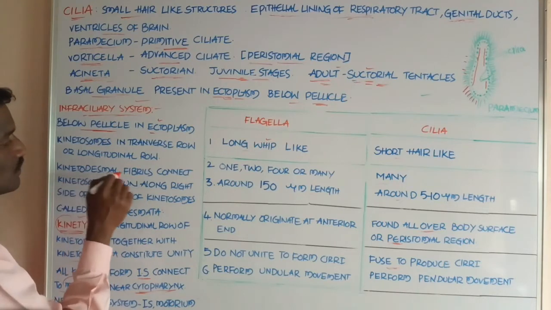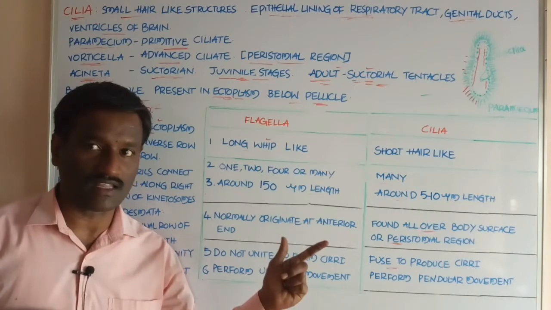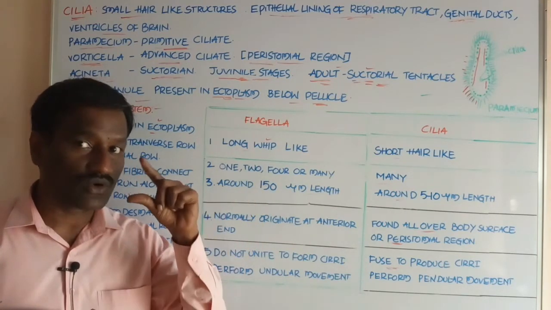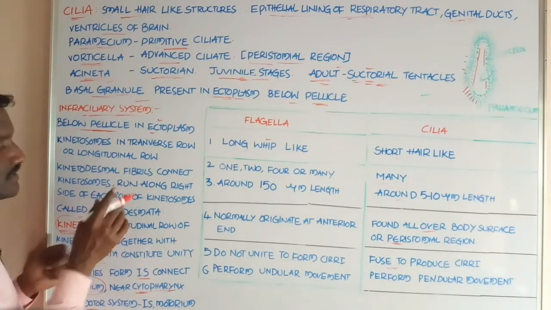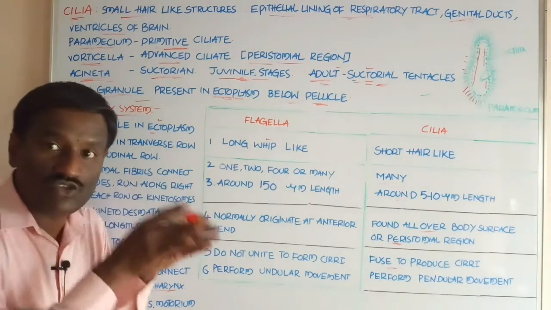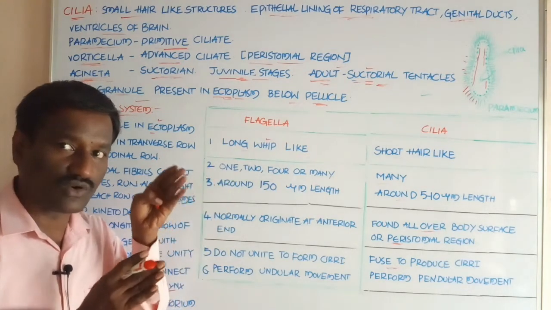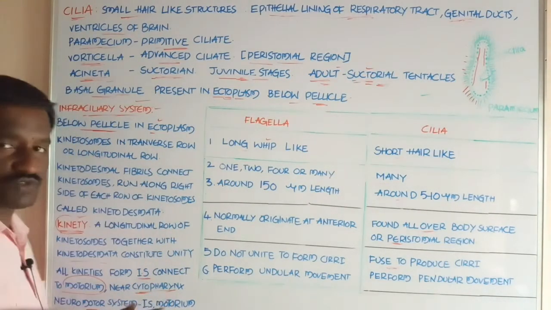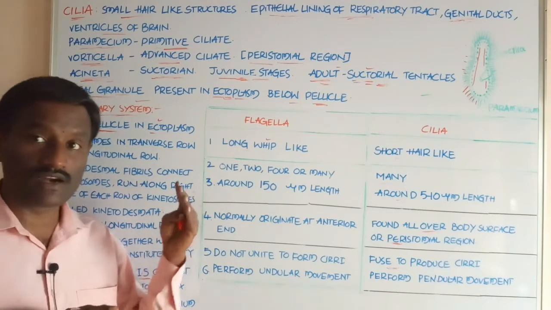Next, kinetodesmal fibers connect the kinetosomes: one kinetosome connects with the adjacent kinetosome with the help of kinetodesmal fibers. These fibers always run along the right side of each row of kinetosomes. Students, this is important. These are called kinetodesmata.